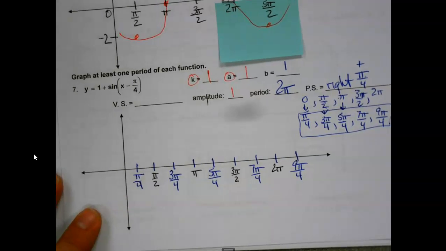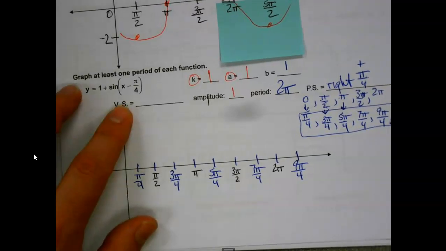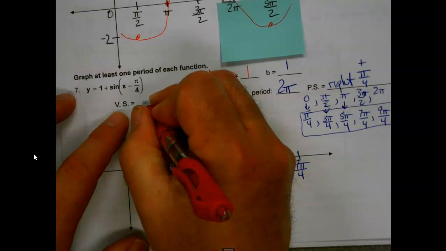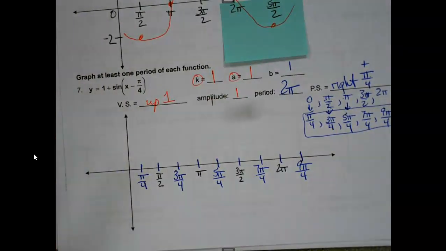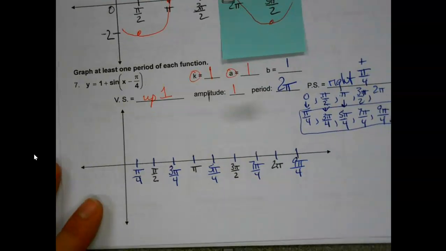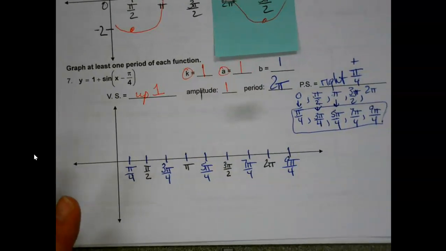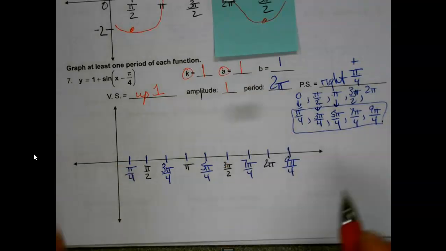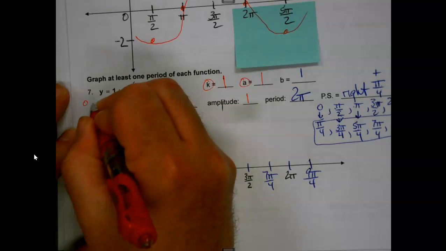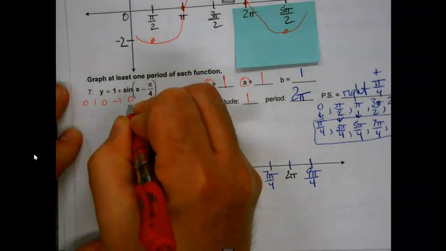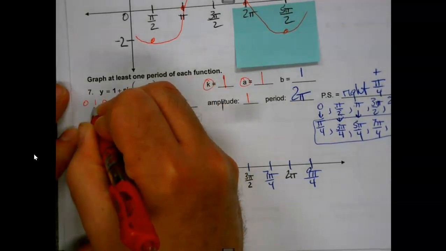Now, oops, I forgot to write this in, didn't I? Vertical shift. Up 1. Okay. So again, when you're doing these, multiplication first, or in the case of period division, addition second. So sine, 0, 1, 0, -1, 0.